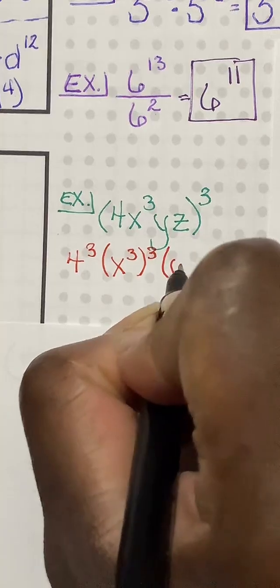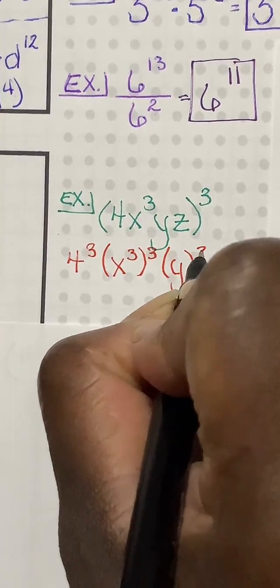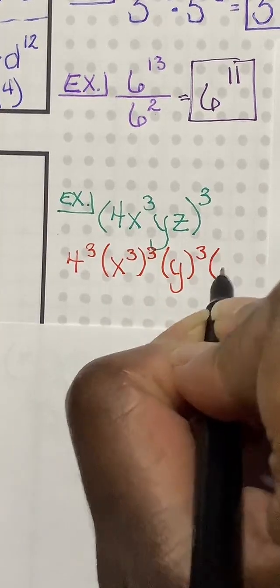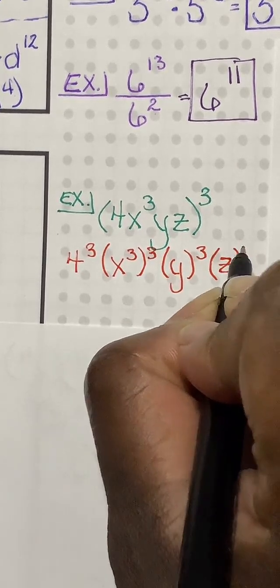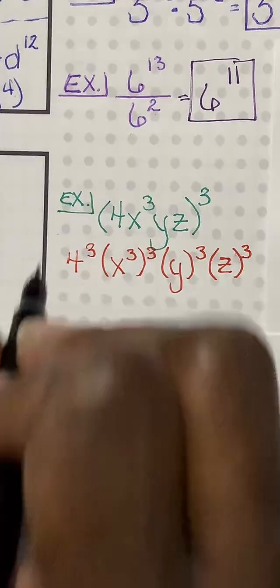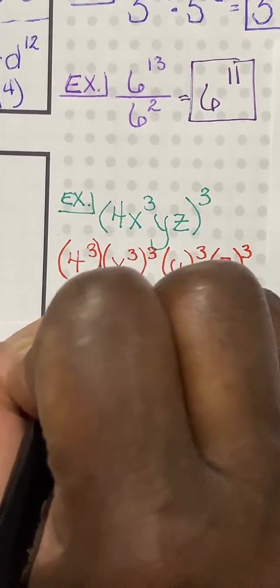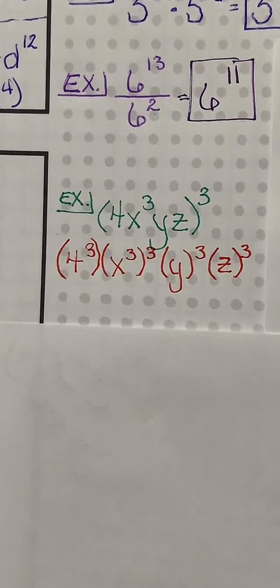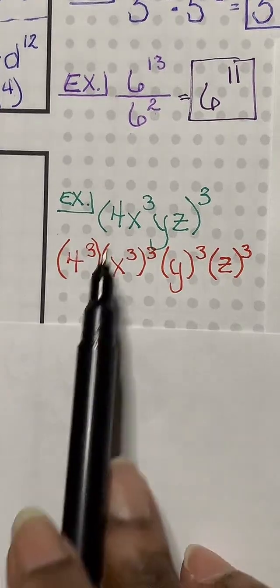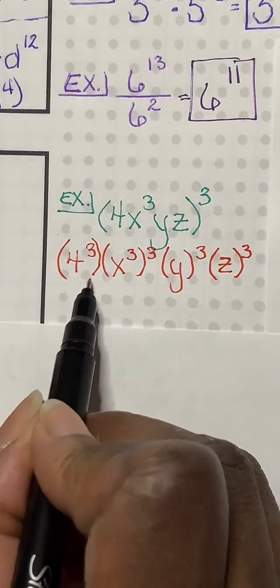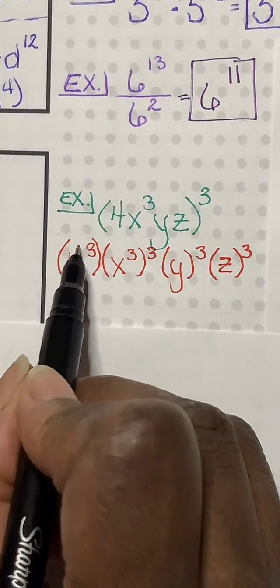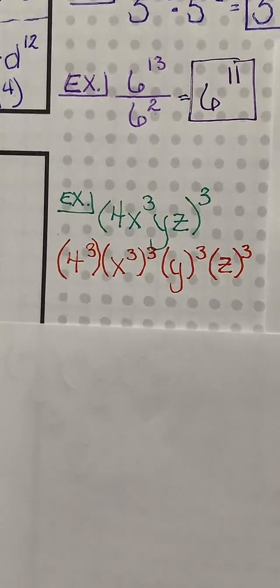The y needs to be raised to the third power, as well as z needs to be raised to the third power. If we want to put parentheses around everything, we can. That's perfectly fine. Actually, I kind of went a little too crazy with that last one. It should have been just the 4.